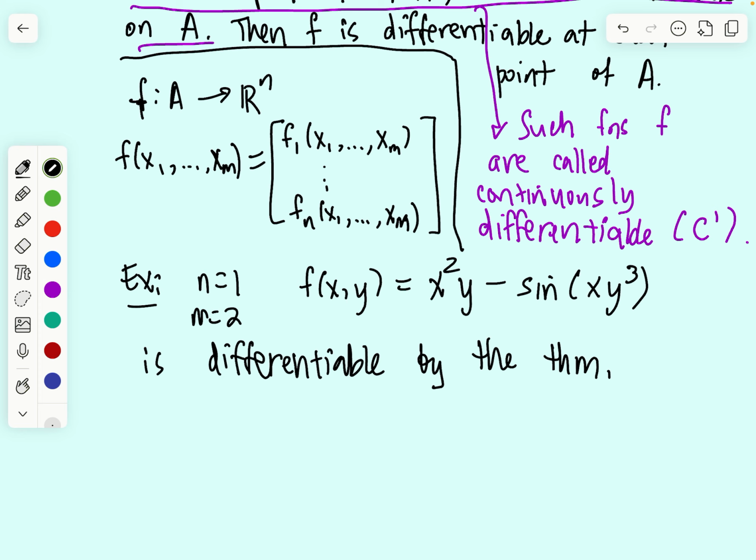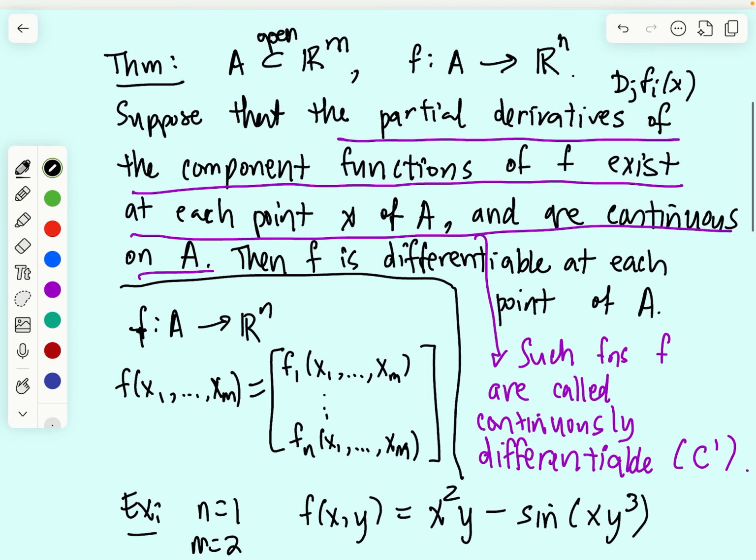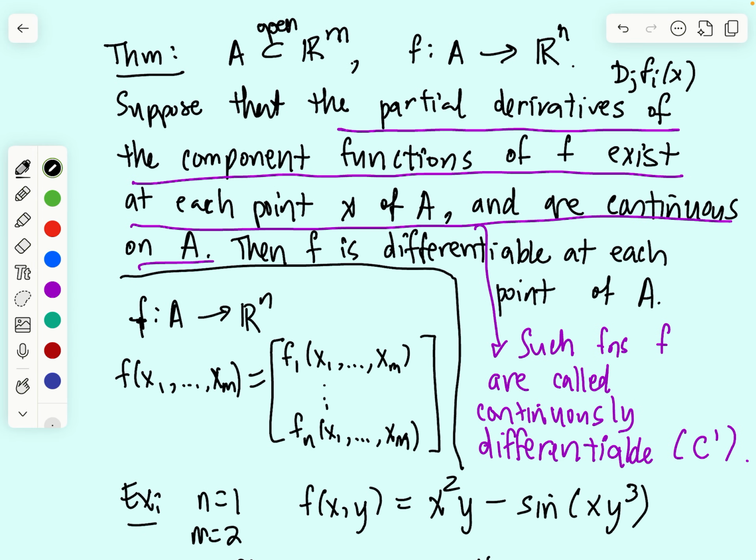So this is a very useful fact. I mean, in practice, you're not going to see lots of functions that are not differentiable, right? You're not going to see many functions where the partial derivatives are not continuous.